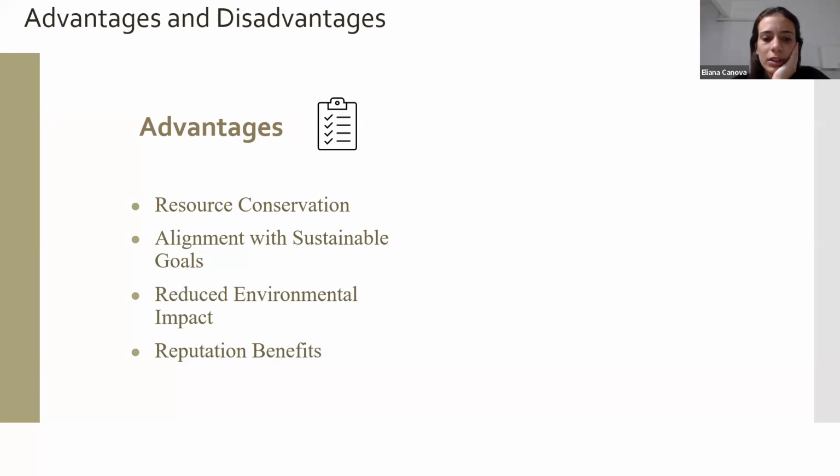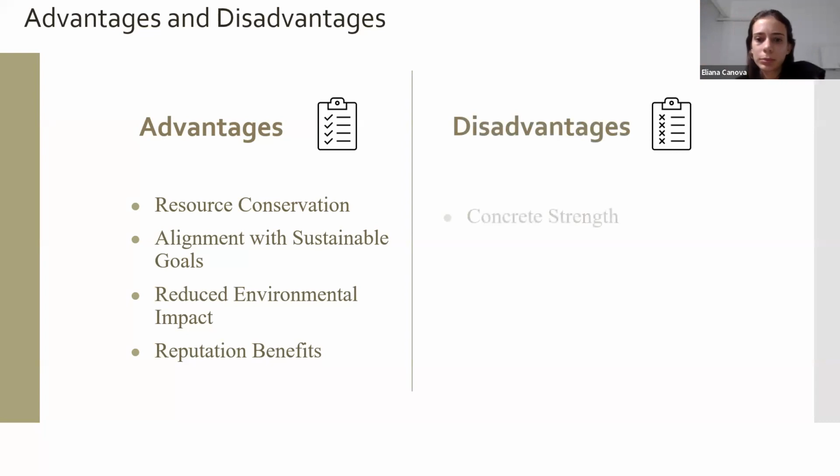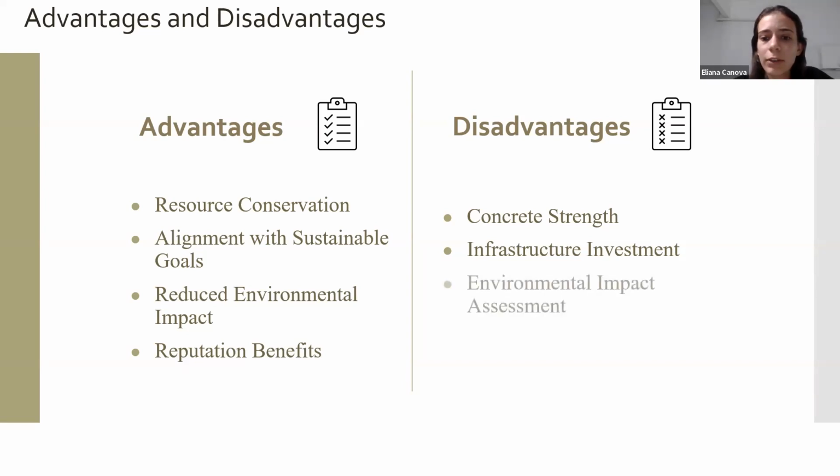There are some disadvantages we need to consider. They include concrete strength: improving concrete quality with alternative water sources is an ongoing challenge, as quality cannot be accurately determined without proper testing.